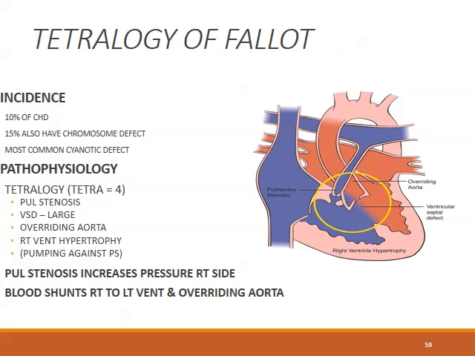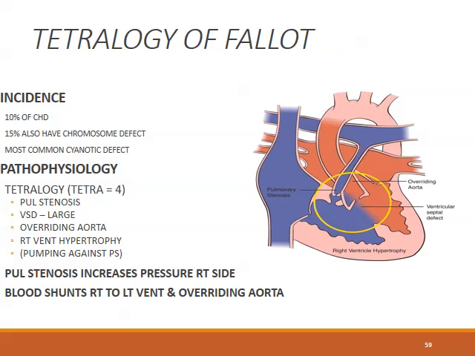So pathophysiology: they're going to have pulmonary stenosis, ventricular septal defect, overriding aorta, right ventricular hypertrophy, and pumping against the PS, or pulmonary stenosis. So pulmonary stenosis increases pressure on the right side. The blood shunts from the right to left ventricle and overrides the aorta.